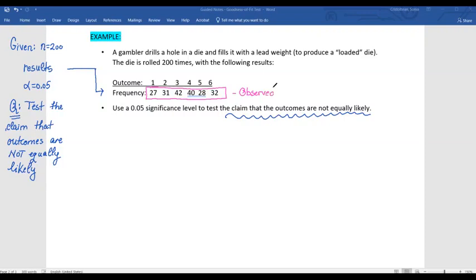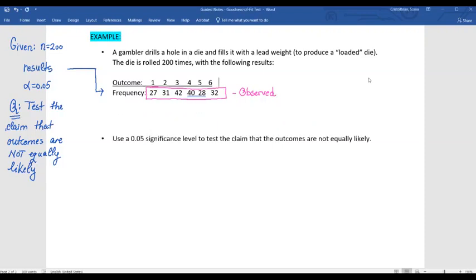So we deal with observed results, and they ask us if they are equally likely or not. When we roll a die, we do expect equally likely results. So we are dealing with a problem in which we have observed values. We have to come up with the expected values, and this is actually the first thing we should do. And then we'll go ahead and do a goodness of fit test.